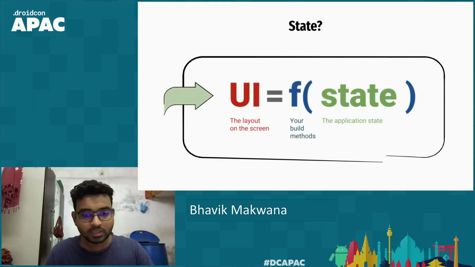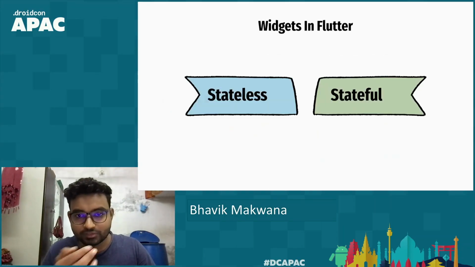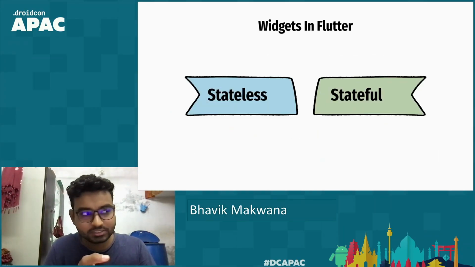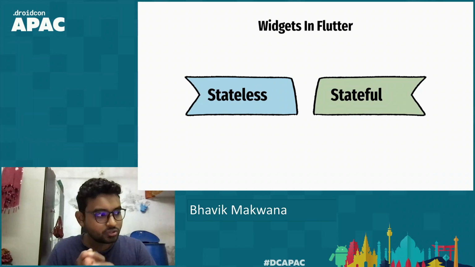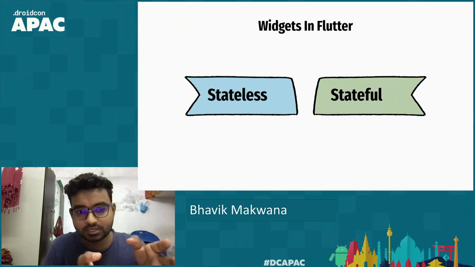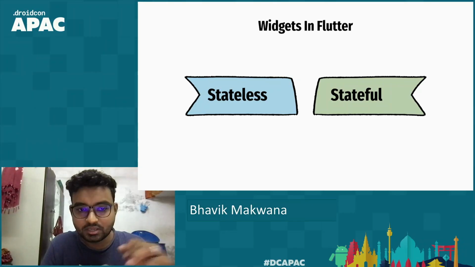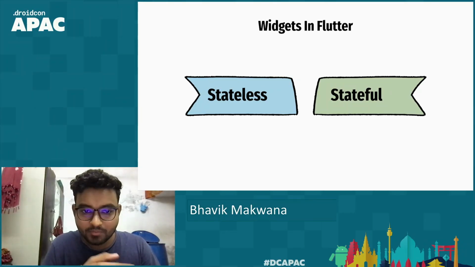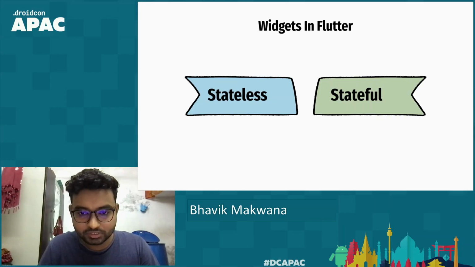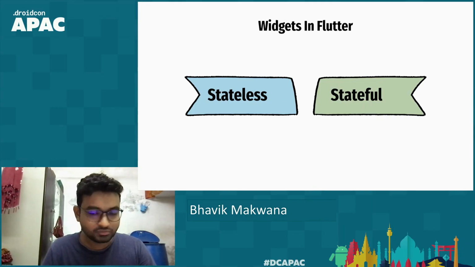And there are two types of widgets in Flutter. One is stateless, and the other is stateful. You can say a stateless widget is kind of a dumb widget. It's an immutable widget that is not going to change in the lifetime of the widget while the app is running. So there is no way you can mutate the state of a stateless widget. We also have a stateful widget. You can say it is a wise widget.